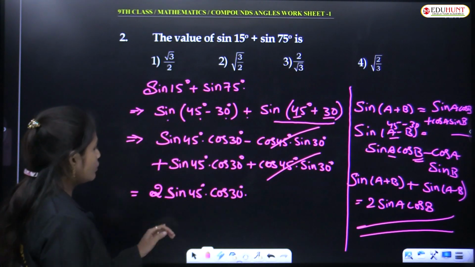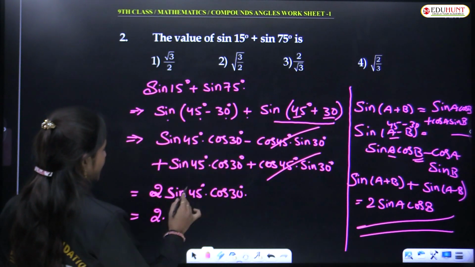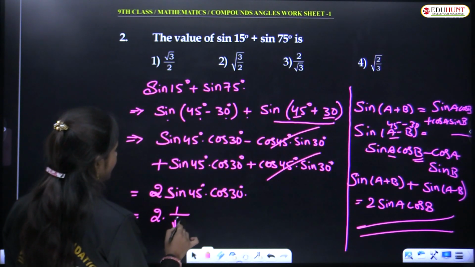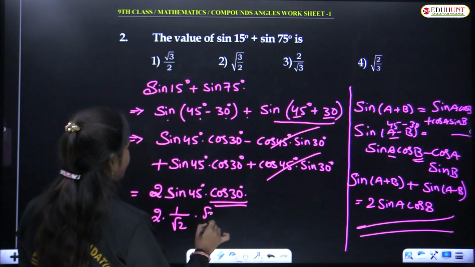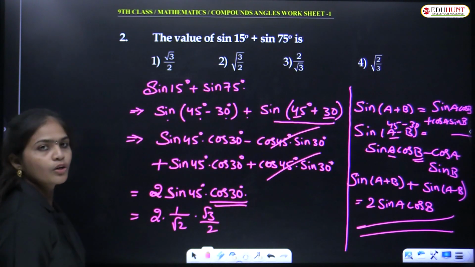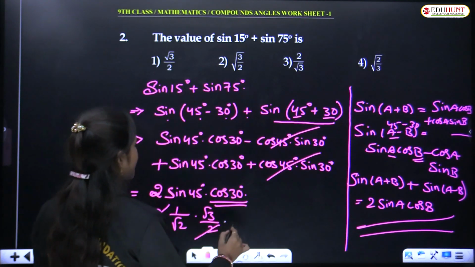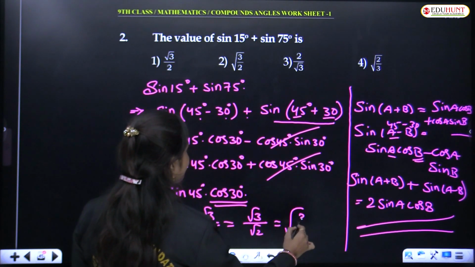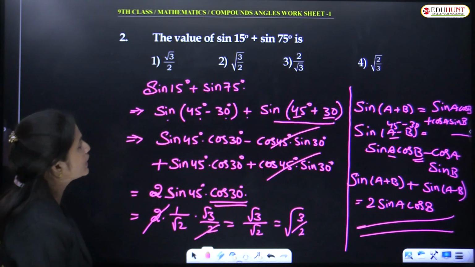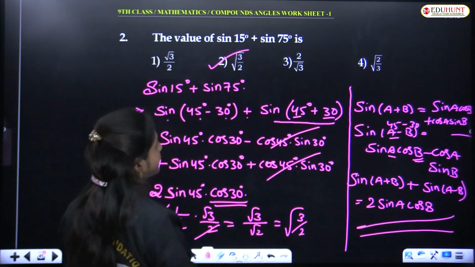Okay, so 2 sin 45 degrees cos 30 degrees. What is the value of sin 45? Sin 45 value is 1 by root 2 and cos 30 degrees value is root 3 by 2. So 2 and 2 get cancelled. So here root 3 by root 2. So we can say root of 3 by 2. So which option is correct? Yes, option 2 is correct here.